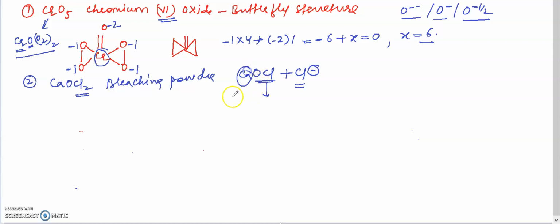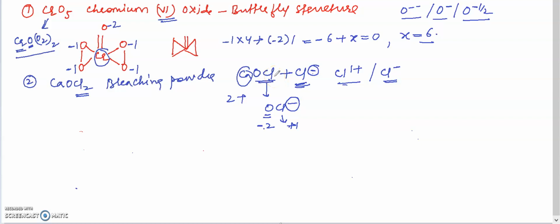This Ca is 2 plus charged, so 1 minus here, then OCl will also have 1 minus charge. How does it come? O is more electronegative than Cl, so O will show -2, and this Cl will show +1. So -2 plus 1 will be -1. So one Cl in this bleaching powder shows 1 plus oxidation state, and another Cl shows 1 minus. This Cl is 1 minus, and this OCl, oxychloride, has Cl as 1 plus.